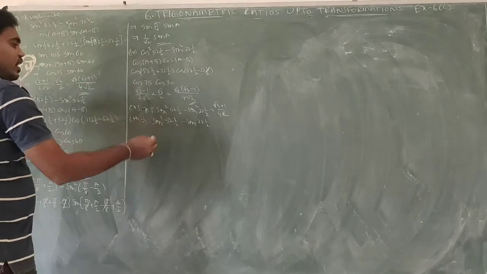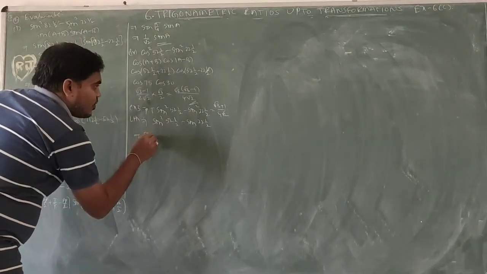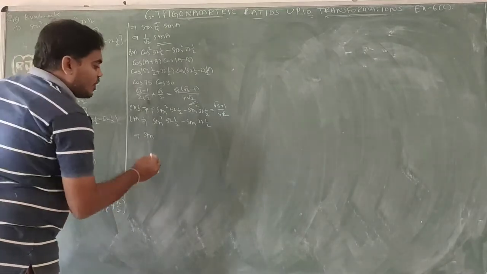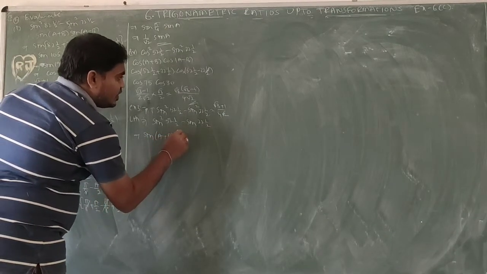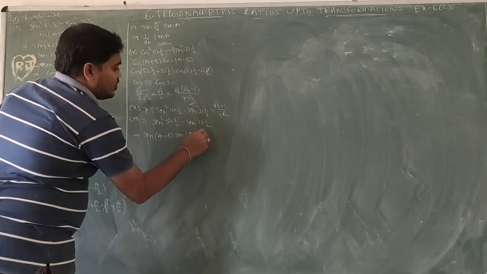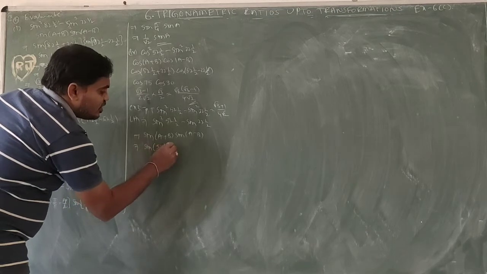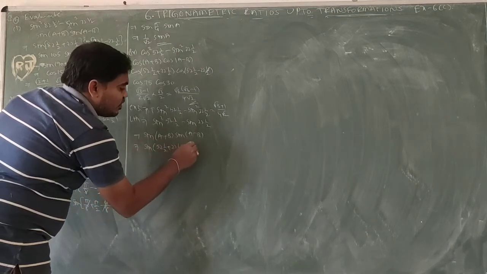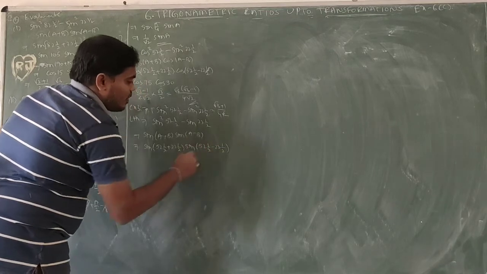So sin square A minus sin square B, same like this: sin of A plus B into sin of A minus B. So sin of 52 half plus 22 half, sin of 52 half minus 22 half.